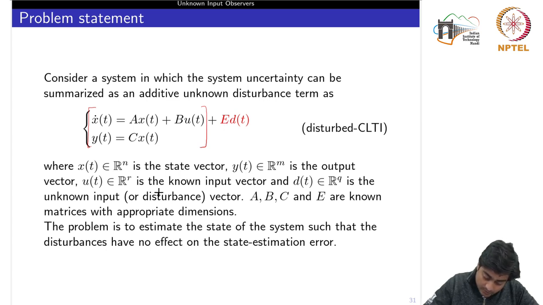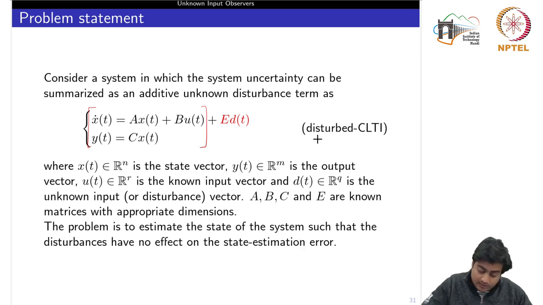Where X, Y, U are the state, output and input vectors, and D is the unknown input, or what we call the disturbance, of which we do not have the information. But we have the information of the matrices A, B, C, E, which are known to us, having appropriate dimensions. So the problem we want to solve is to have the estimate of the state of the system such that the disturbances have no effect on the state estimation either.